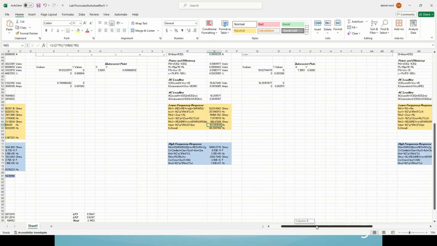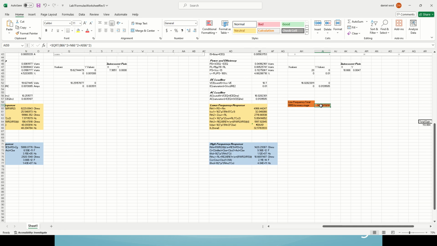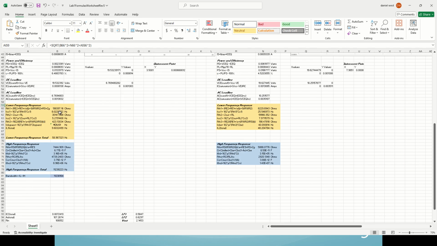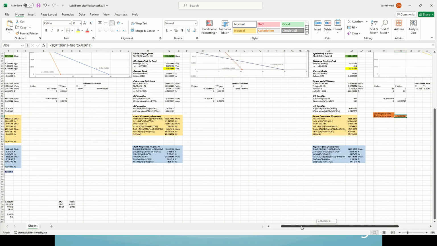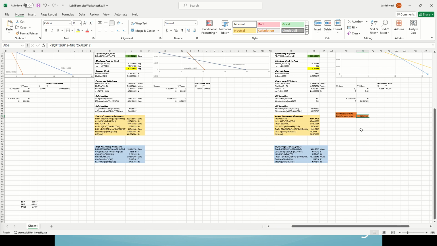And then to obtain a pretty accurate result, at least compared to the simulation, what we did is we took the root mean squared of every single stage to get a result, and then we took the root mean squared of all of those results to get a final result.